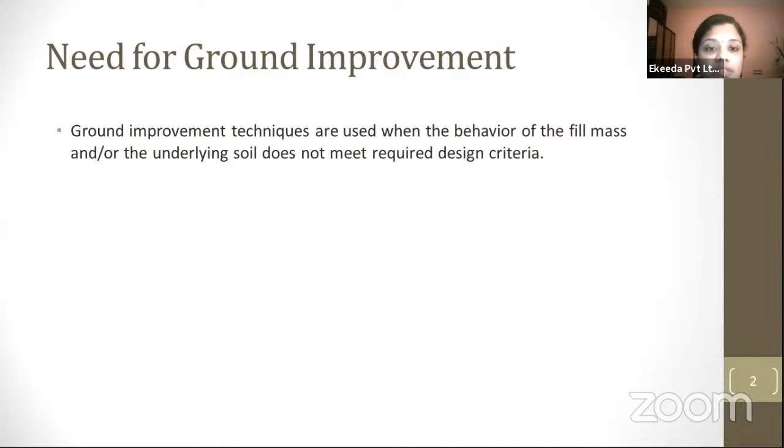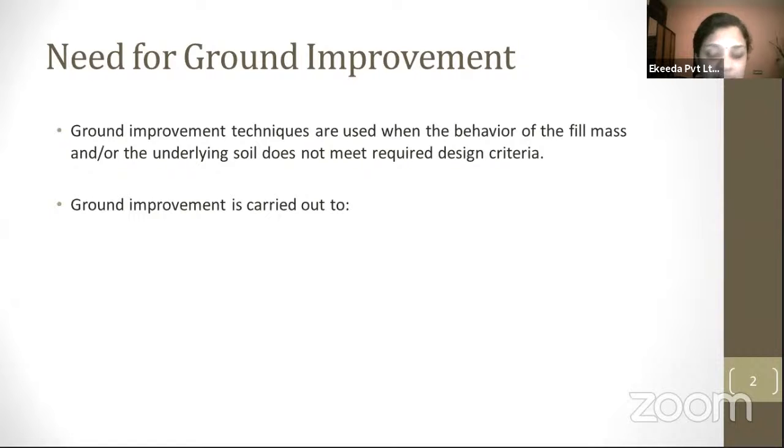So let's see, ground improvement techniques are used when the behavior of the fill mass or the underlying soil does not meet required design criteria. So the soil beneath the foundation should be able to withstand the load that is coming over it.